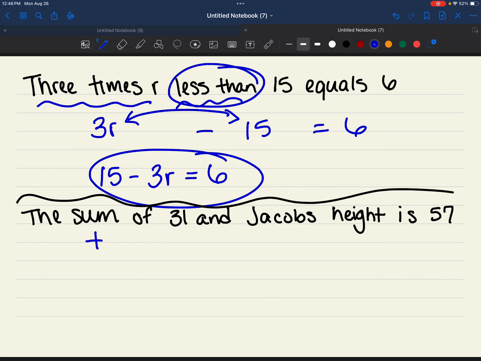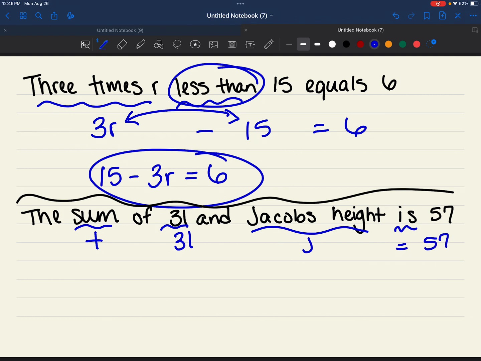What does the word sum mean that we're going to do? We're going to add 2 things. What things are we adding? 31 and j. Because we don't know its height, right? Now, is j the only thing you could use here? H, x, any of those things would be fine unless they tell you a variable specifically.